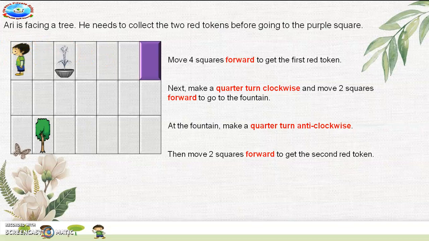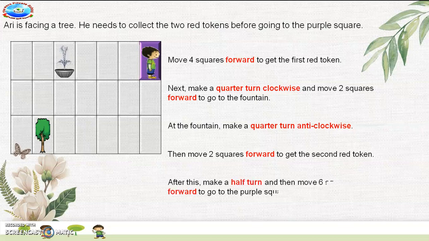So after this make a half turn and then move 1, 2, 3, 4, 5 and 6 squares forward to go to the purple square. Now here is the purple square.